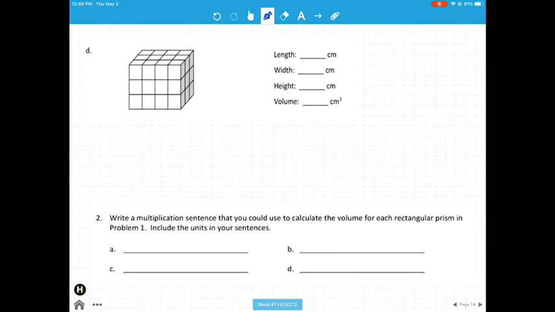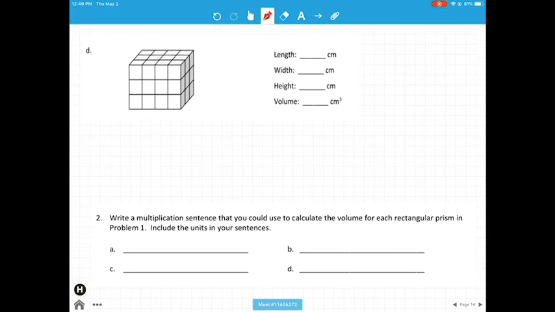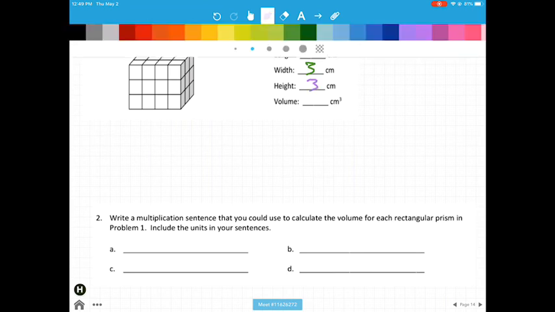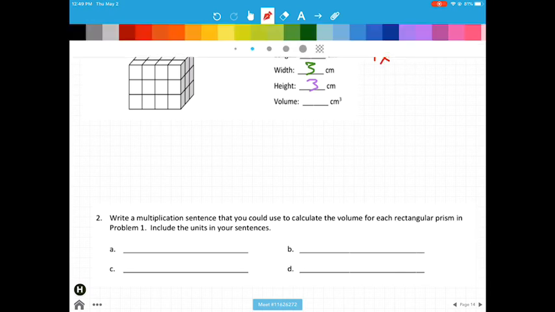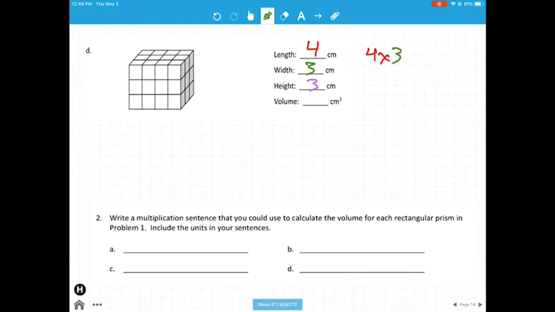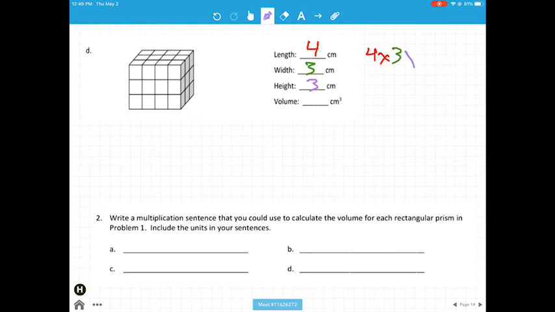This is another one we didn't do in class. I'm going to start off going across, and there's 4 centimeters. Then we're going to go back, and there's 3 centimeters. And then we're going to go up for the height, and there's 3 more. So we're going to have 4 times 3 times 3.